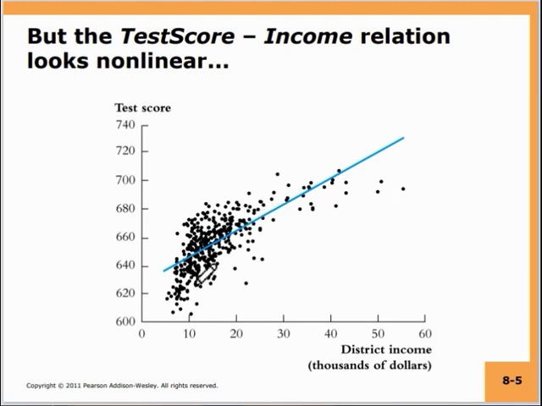Okay, so as we can see, at low levels of income, with slight increase in district income, the test scores rise much more sharply.